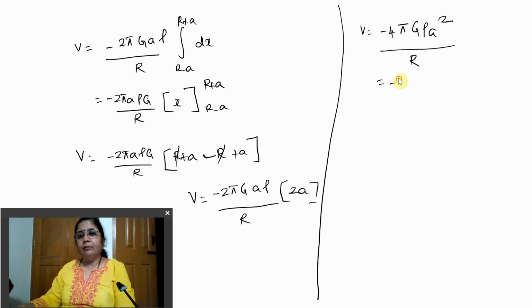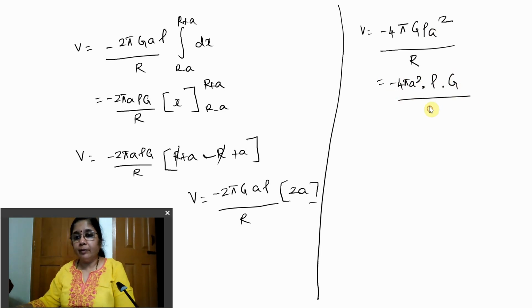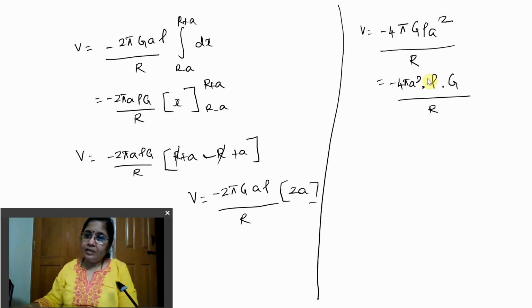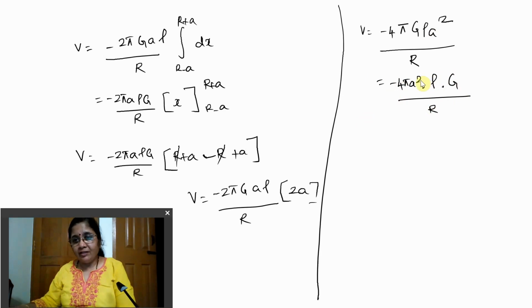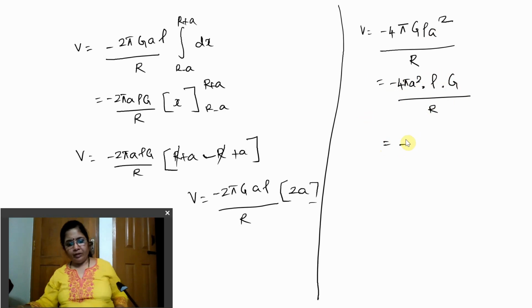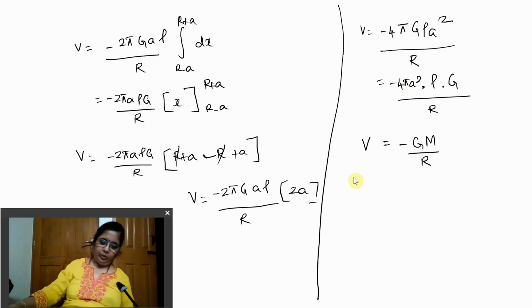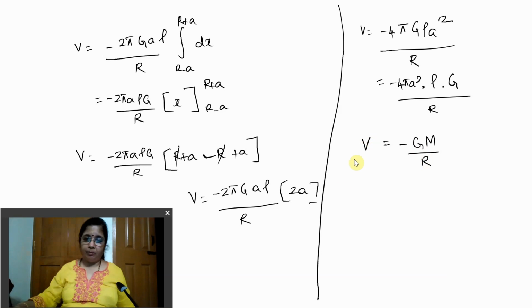Let me rewrite this: minus 4 pi a square into rho into g divided by r. 4 pi a square is the surface area of this shell, and rho is the density of the shell. So surface area into density will give you the mass. So you can write here minus g, this entire thing evaluates to m, minus gm by r is the potential. So we have found out the gravitational potential.